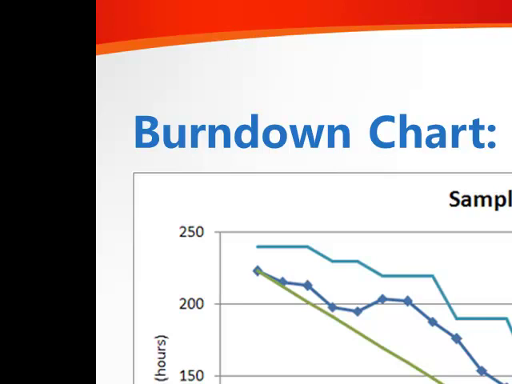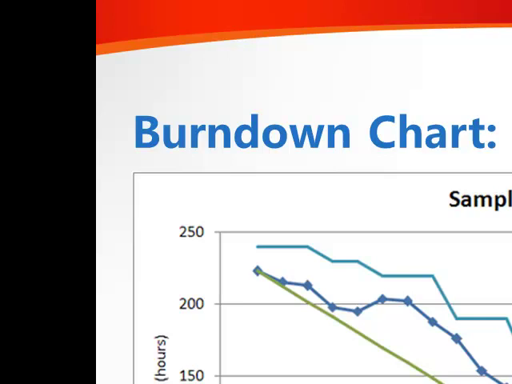So you'll see on day 1, our remaining effort drops from about 225 to around 220. For day 2, not a whole lot of difference, drops to maybe 215. And on day 3, you'll see a more significant drop down to below 200.